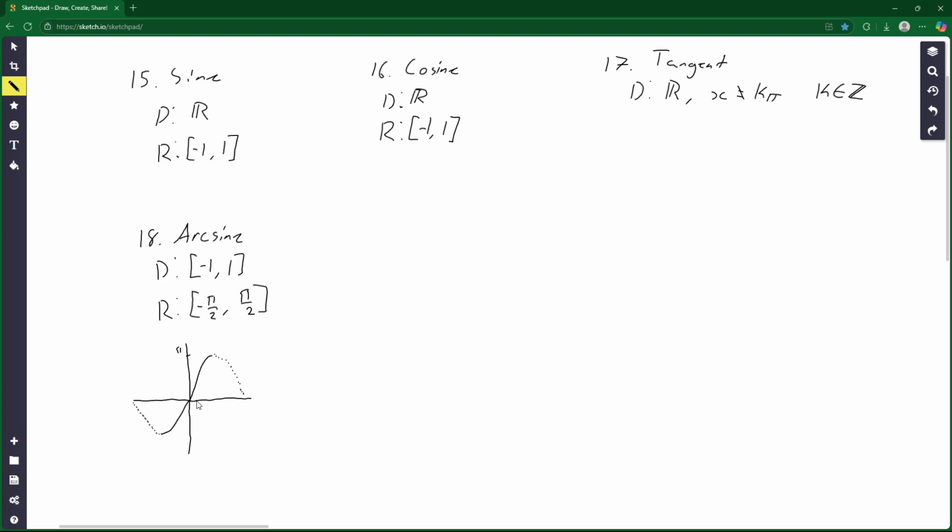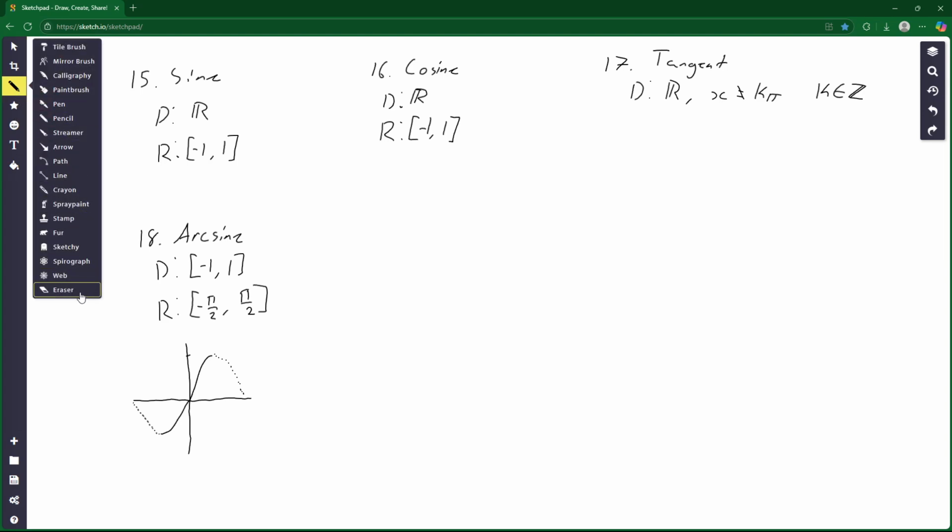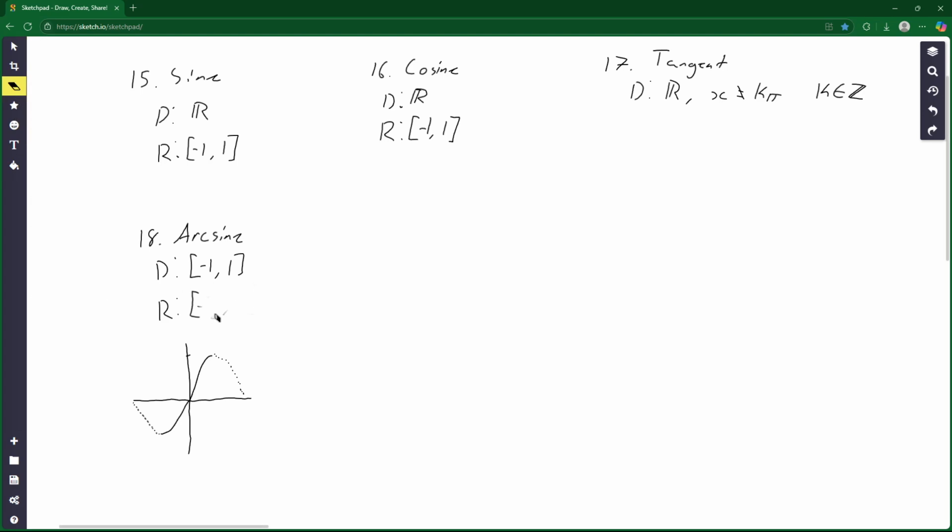Oh, I messed this up. Domain is -pi/2 to pi/2, and then our range is from -1 to 1.